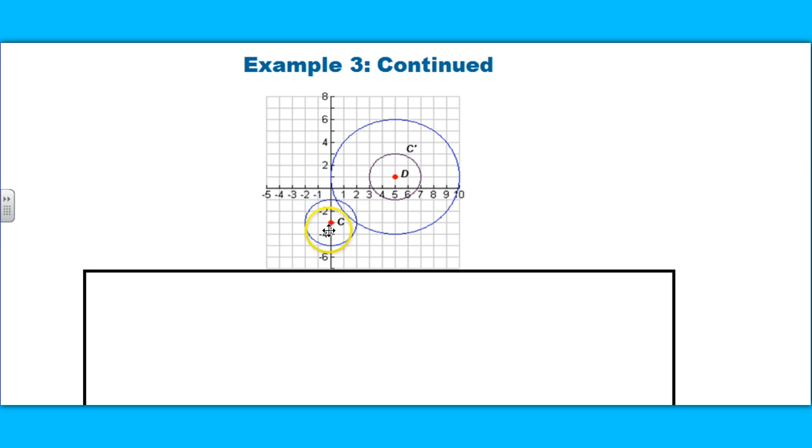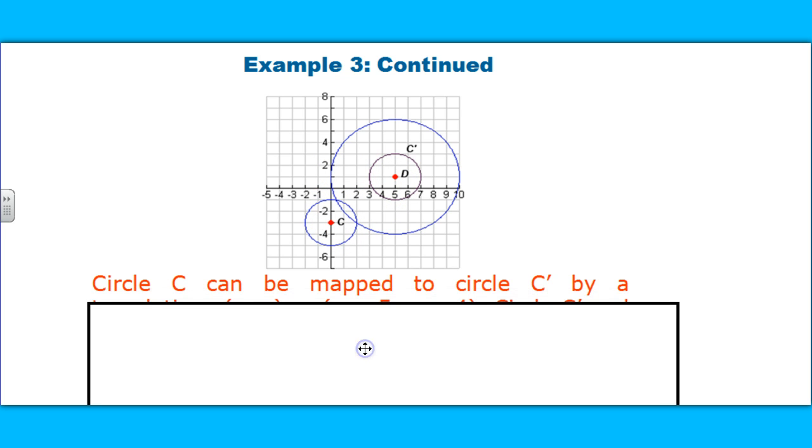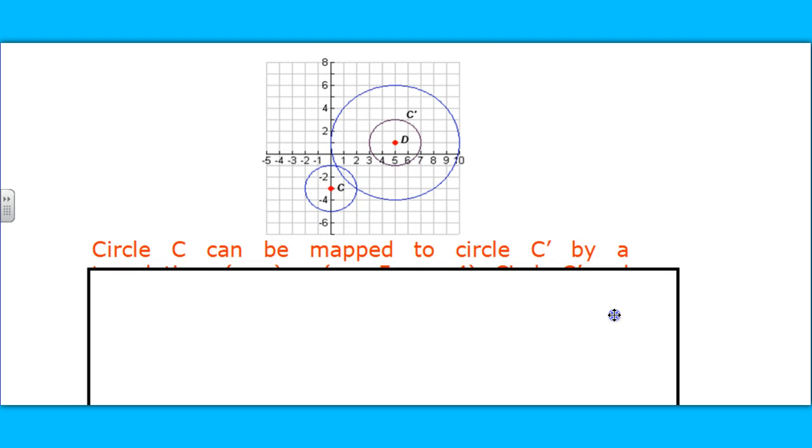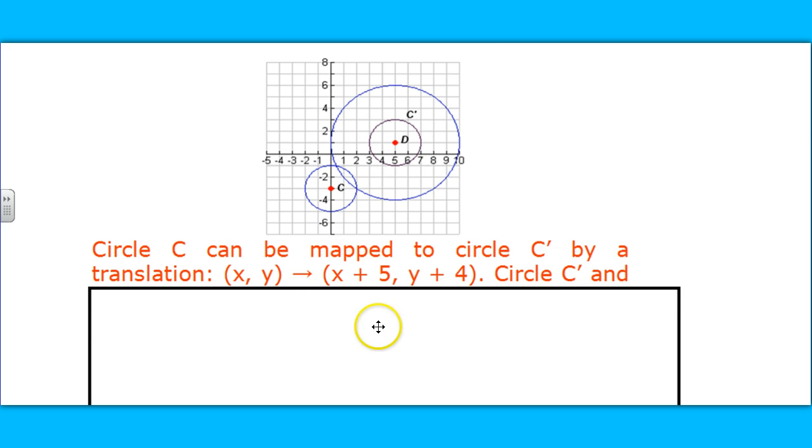So how do we translate C to this location where the center is point D? We're going to have to go up and to the right. Okay, so we will show that by moving to the right 5 and moving up 4.